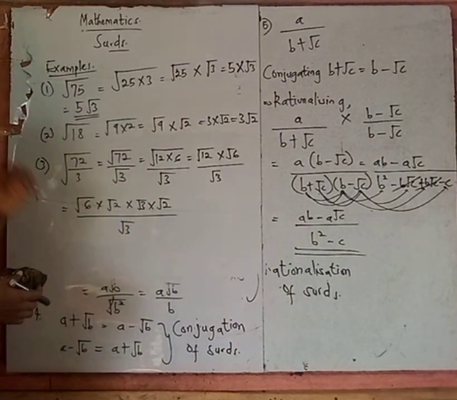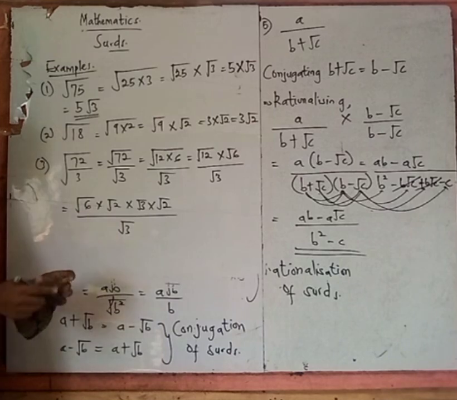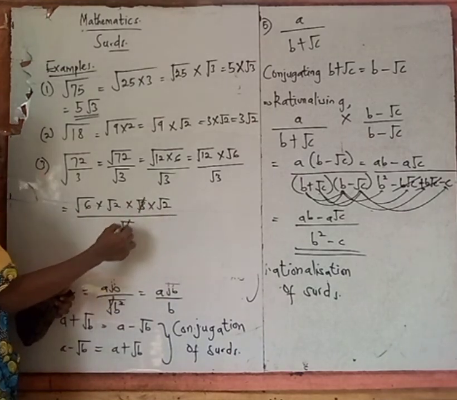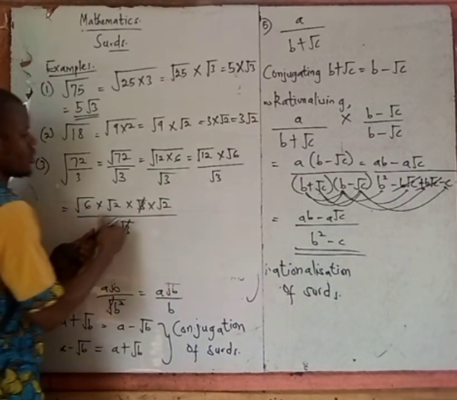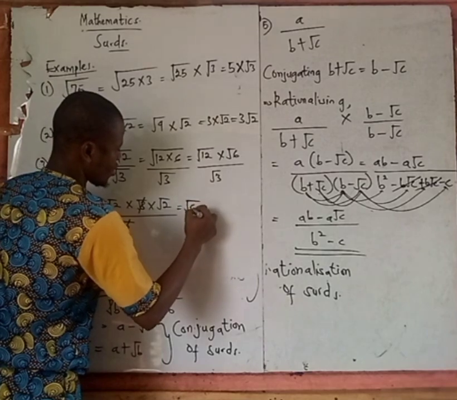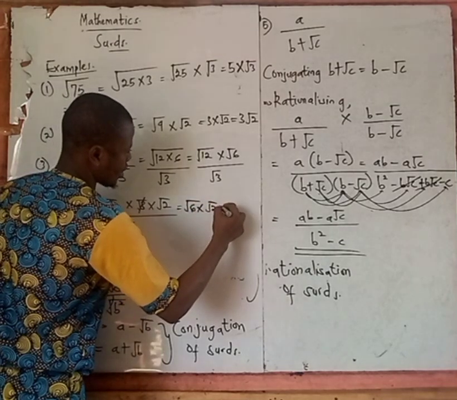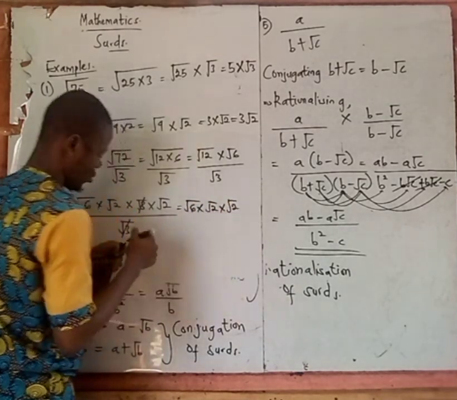So we can cancel out root 3. Root 3 cancels out root 3. So I'm left with root 6 times root 2 times root 2.